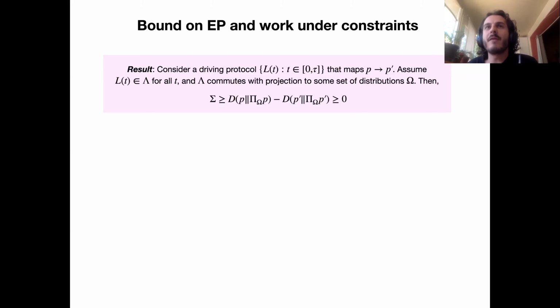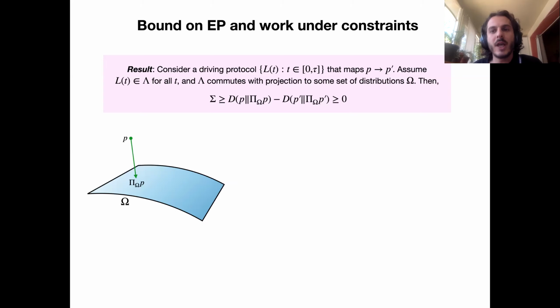Then we can derive the following bound that says that the basically decrease in distance over the course of the protocol from the state of the distribution of the system to its projection, first of all, is non-negative, and second of all, is a lower bound on entropy production. So again, let me visualize this. Let's say we have the initial distribution P, and it can be projected to omega. We have the dynamics of the system transform into a final distribution P prime.